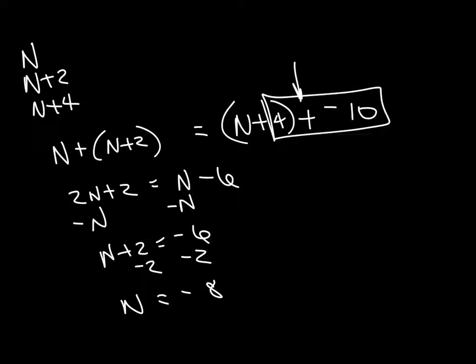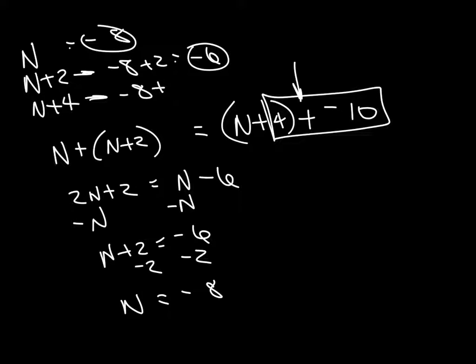So if n equals negative 8, then this is going to be negative 8 plus 2, which is going to be negative 6. And this is going to be negative 8 plus 4, which is negative 4. So there are my 3 consecutive even numbers, negative 8, negative 6, negative 4. Okay?